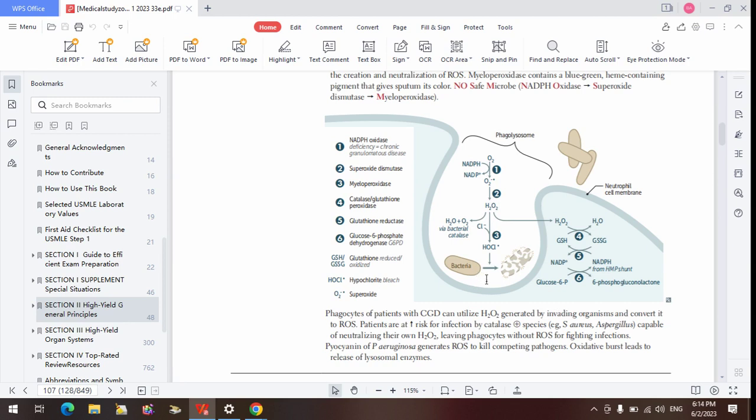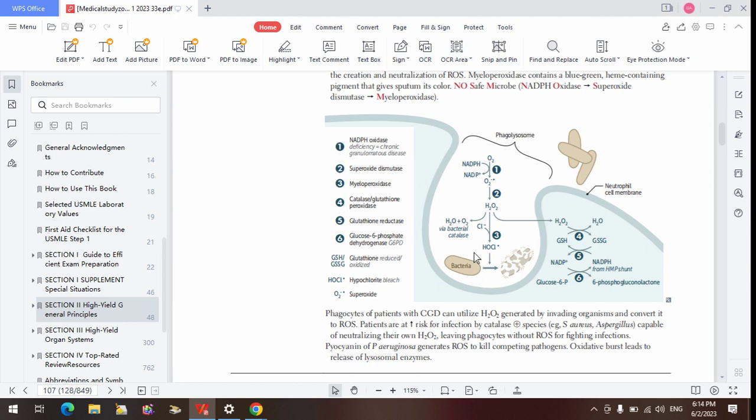That's why, if someone with NADPH oxidase deficiency gets infected with a catalyst positive organism, they can develop chronic granulomatous disease. They already have a challenge: there's NADPH oxidase deficiency, so there's no way they can generate hypochlorite.